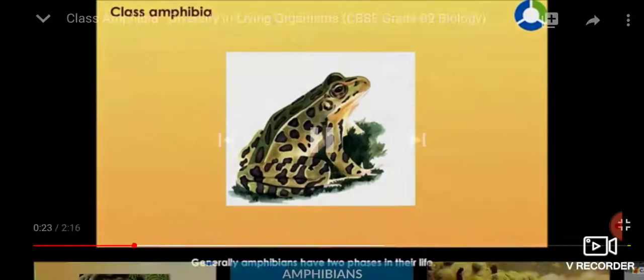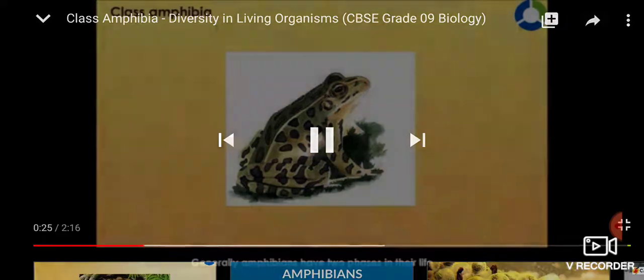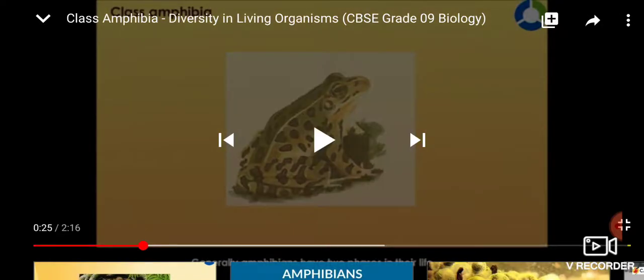Generally, amphibians have two phases in their life. The word itself is telling you: amphi means dual, it can live both on land and water, isn't it? That is why it is called amphibia.